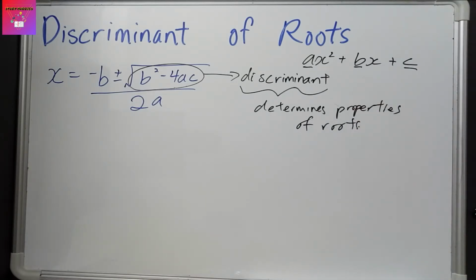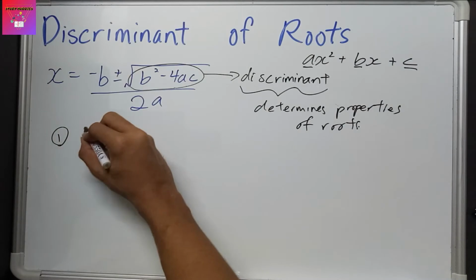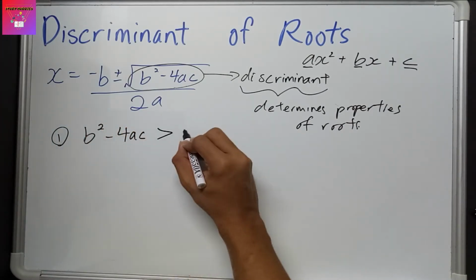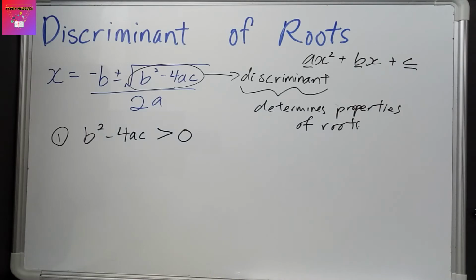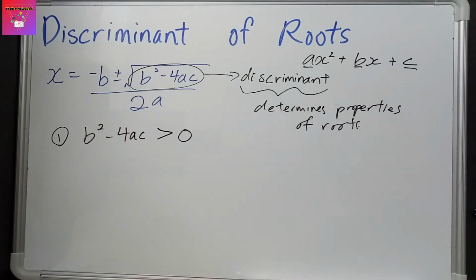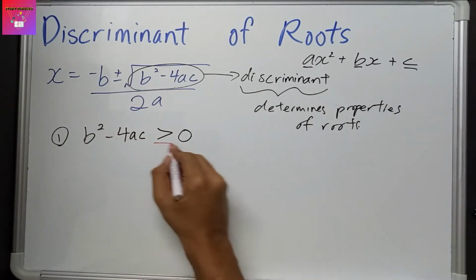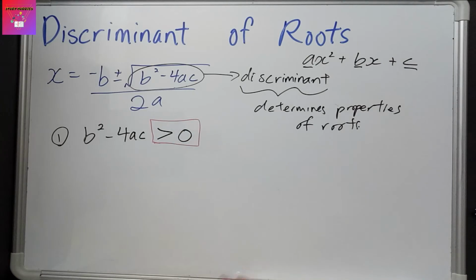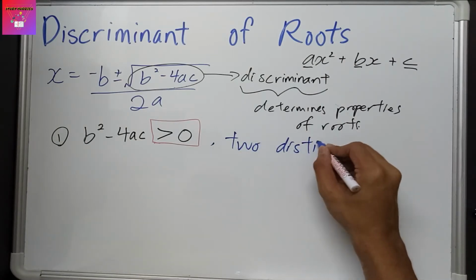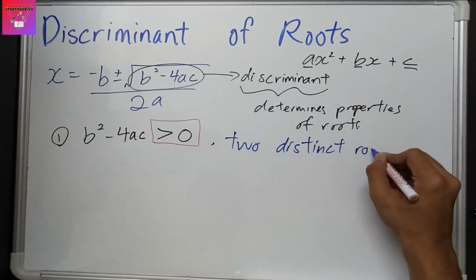So the first property would be b square minus 4ac greater than 0. So let's say when you substitute the values of a, b and c into the calculation b square minus 4ac and you get a value greater than 0, this means that you are going to get an answer of two distinct roots.